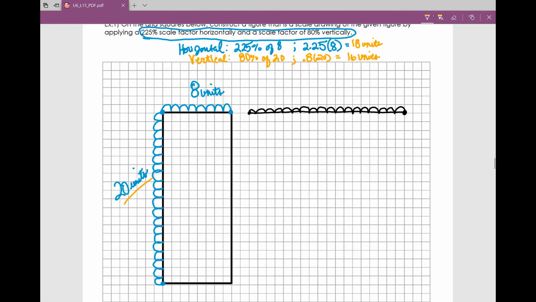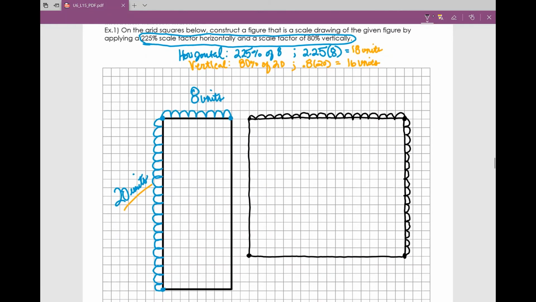So let's go down 16 units: 1, 2, 3, 4, 5, 6, 7, 8, 9, 10, 11, 12, 13, 14, 15, and 16. Now I'll make my line. Now I can go right across here as well, and down this way as well. And that would be our new figure.